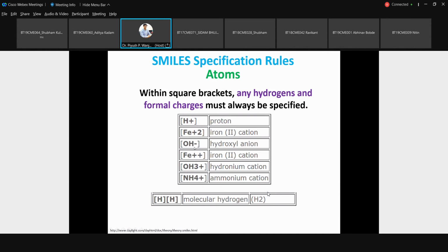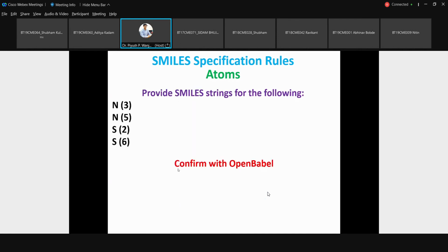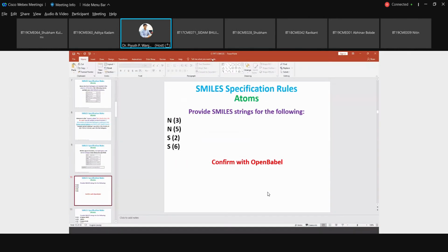If you want to write molecular hydrogen, you can write square bracket hydrogen, and then again continue with square bracket hydrogen, so instead of H2 you can represent it in this way. If you want to practice this, for the atomic representations and for nitrogen, to see what exactly comes, you can practice all these with Open Babel. Just see.